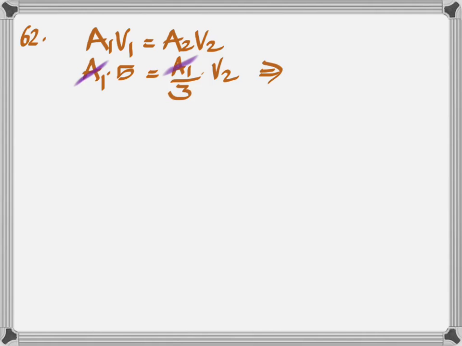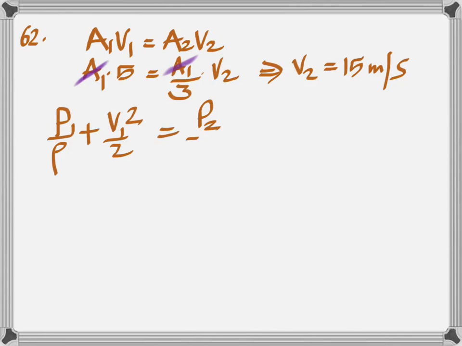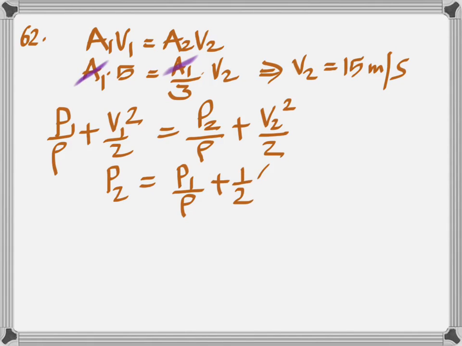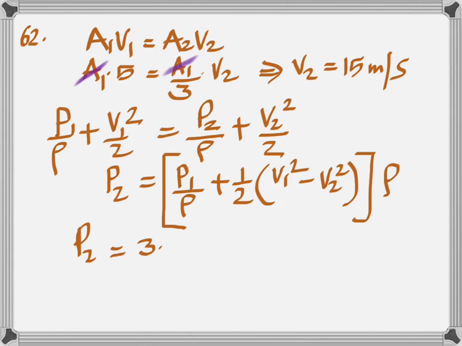So that's why you have A1 and A1 by 3, which gives you the velocity as 15 meter per second. And now you can apply Bernoulli's principle. The potential energy term is missing because it's a horizontal pipe. Rearrange to make pressure the subject. That's what you're looking for. And do be careful when you calculate. There are lots of terms here.